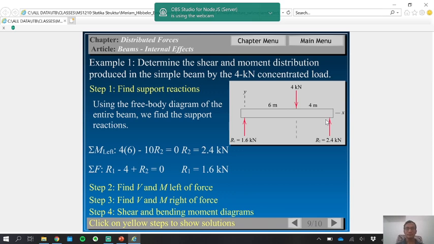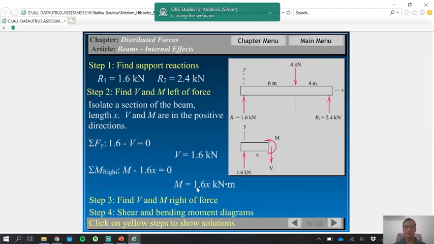Now the first cut is between 1.6 kilonewton and 4 kilonewton, in this region. We can cut anywhere we want. We define the cut at distance x from the left edge, like this.